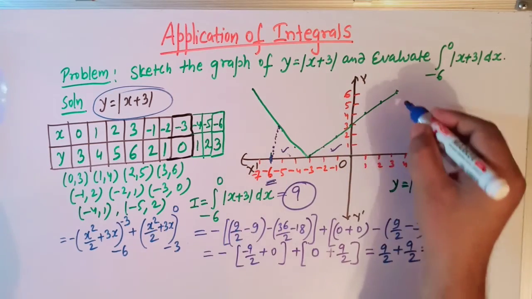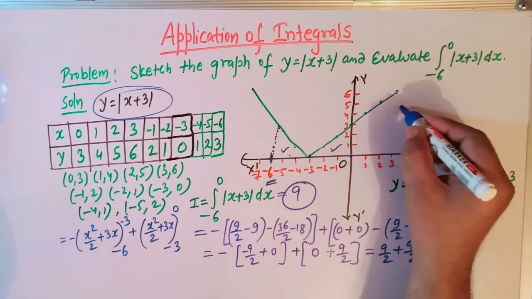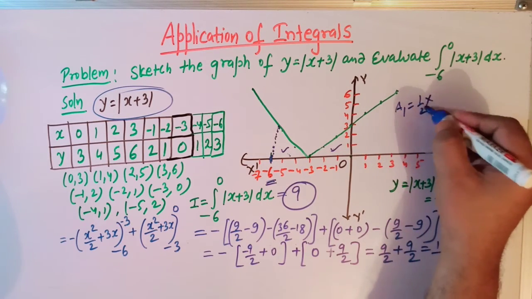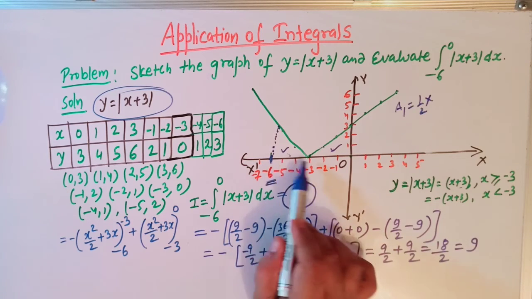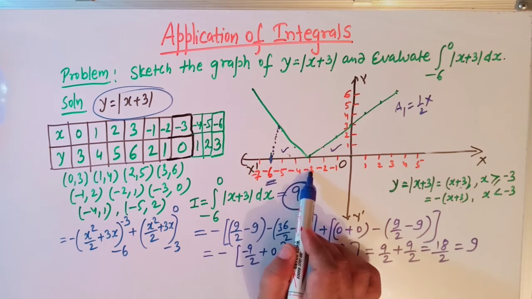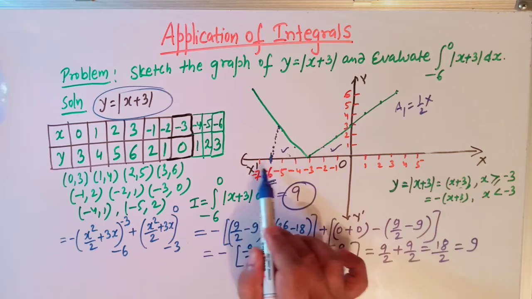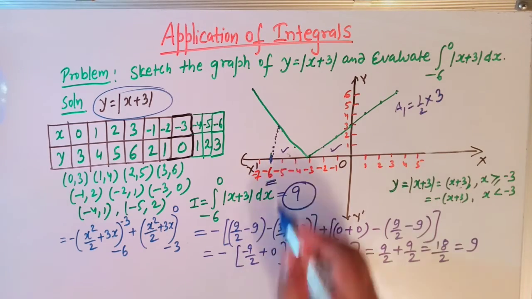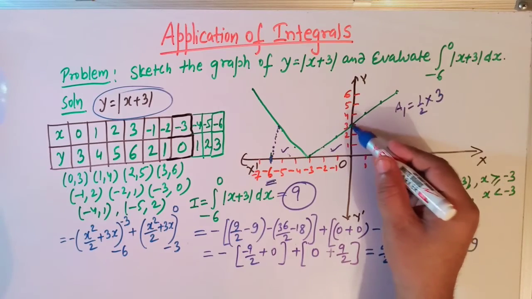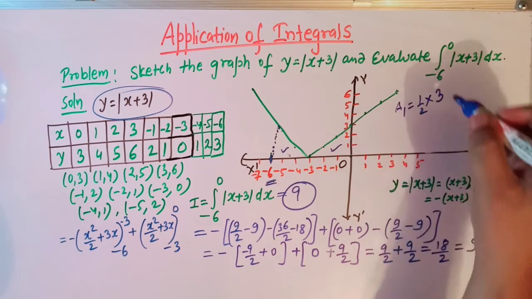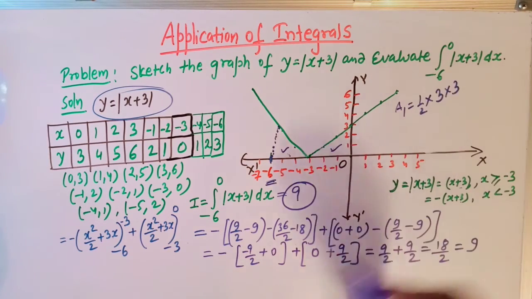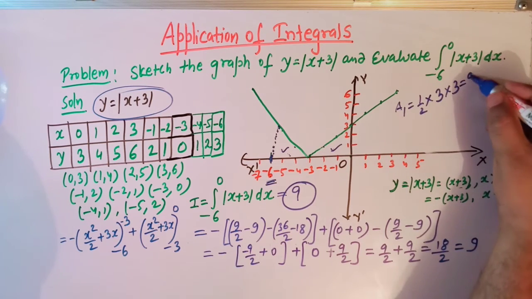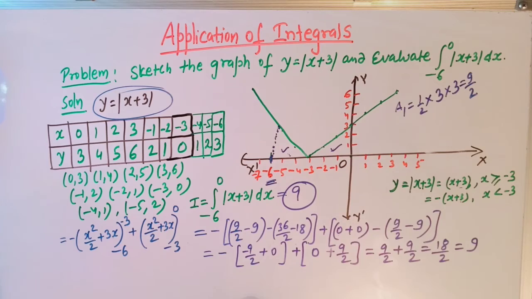So the area of this triangle is suppose A1, and this is half base. Base is here minus 6, here minus 3. So the base is 3 units and height is also 3 units, right? So we have here half multiplied 3 multiplied 3, this is 9 by 2, right?